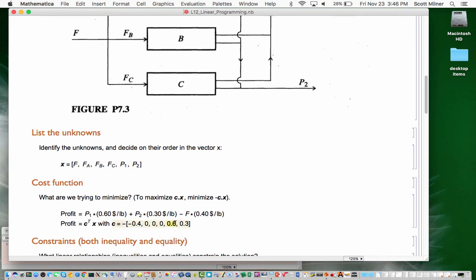Plus 0.6 in the next to last entry because the next to last entry is P1, and the profit has a term 0.6 P1, and the final term being 0.3 times P2 because this P2 is the last entry, so there's a 0.3 here. And the variables that are not mentioned here, FA, FB, FC, are 0. We don't need to know what those values are to compute the profit, just the total feed.